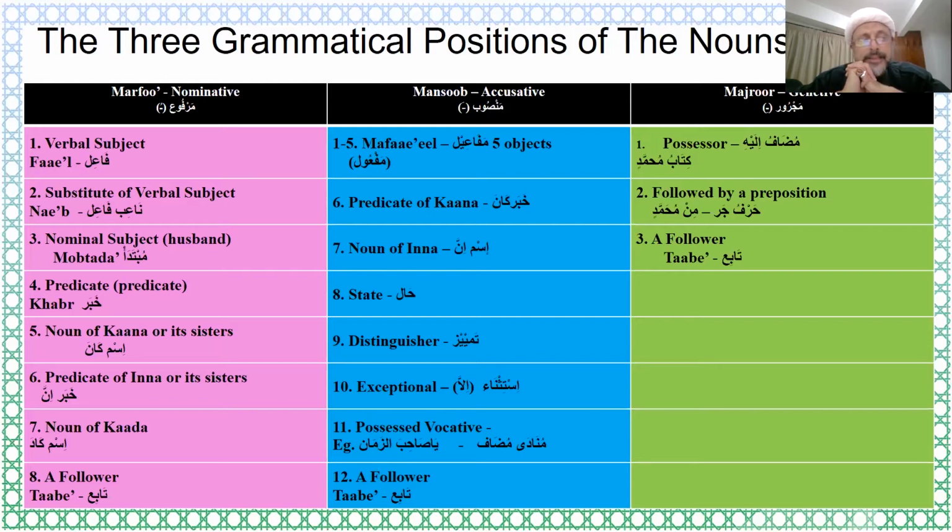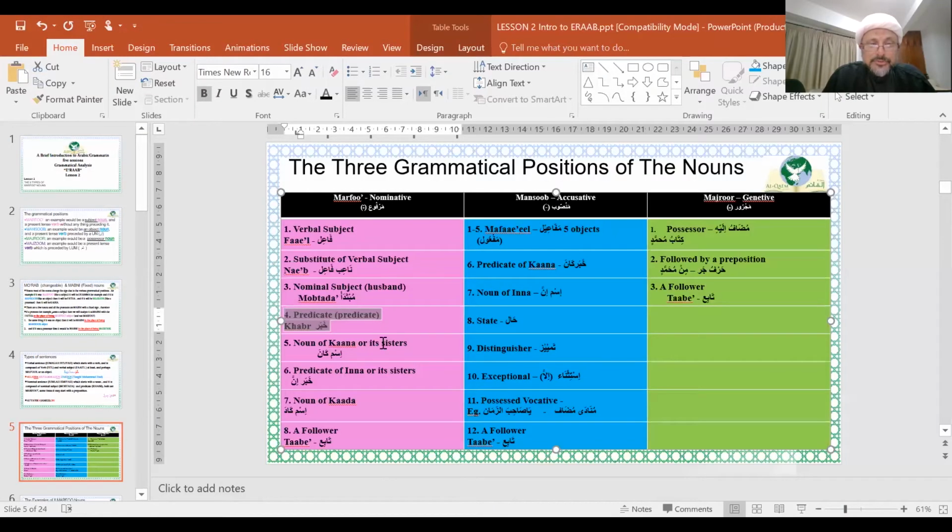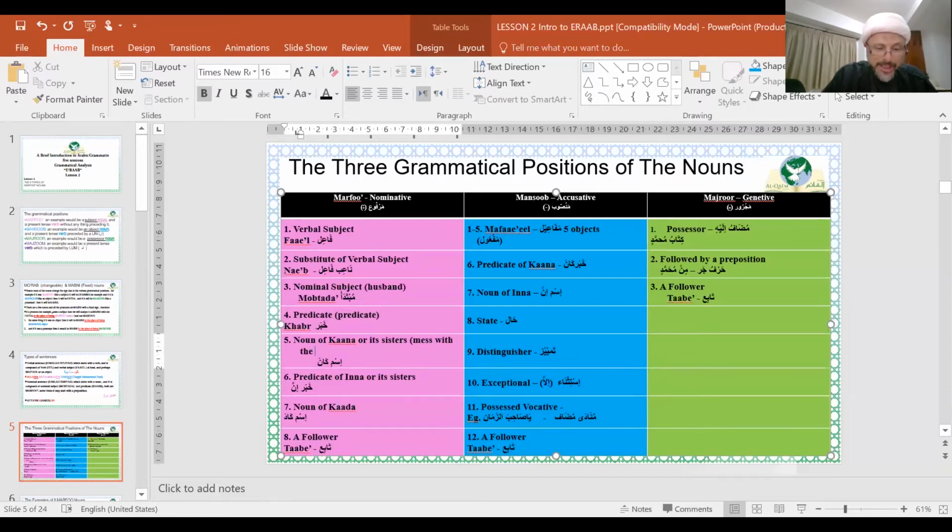Now sometimes these sisters come. Bad sisters, not good sisters. They just mess up with the mind. So sisters of Kana, they mess up with the mind of the wife. Let me just also write, just for you to relate. So these mess with the wife.